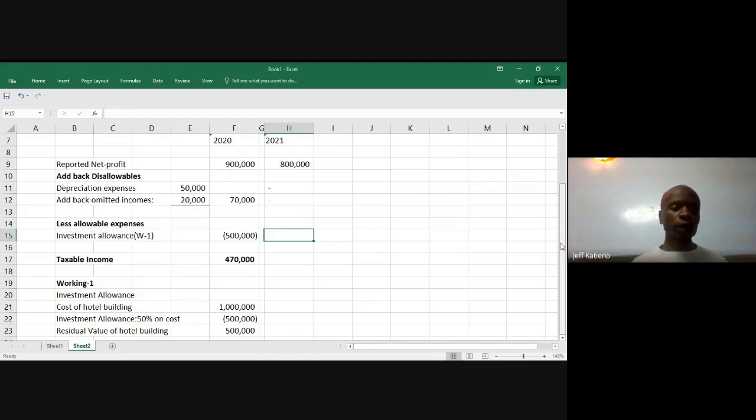If you can remember our list from Kenya Revenue Authority, it was 25% on the residue on a reducing balance. So now we will have here working two.